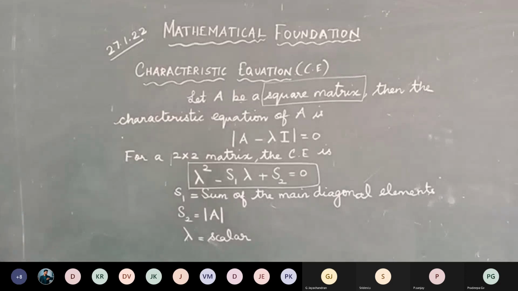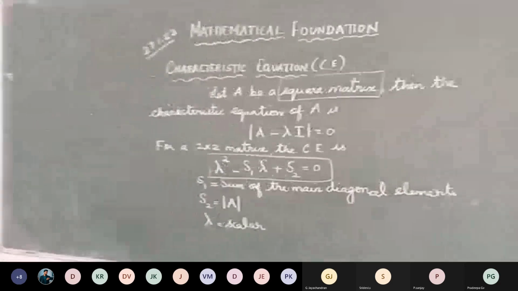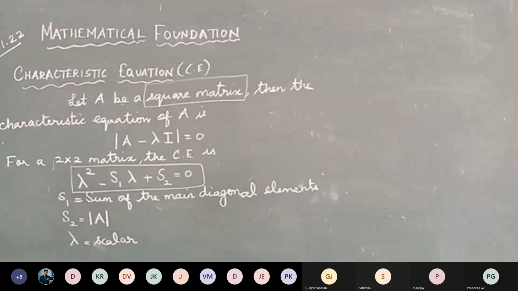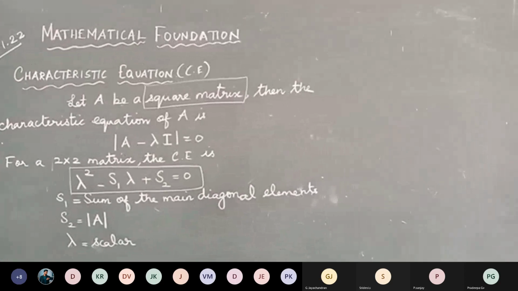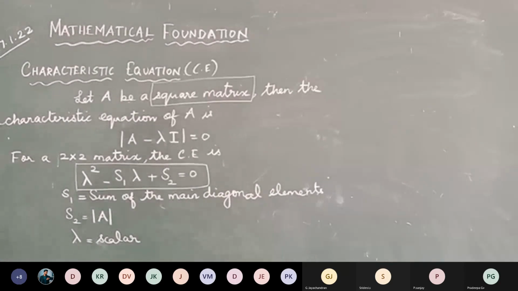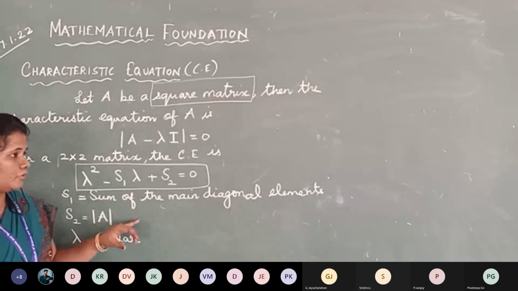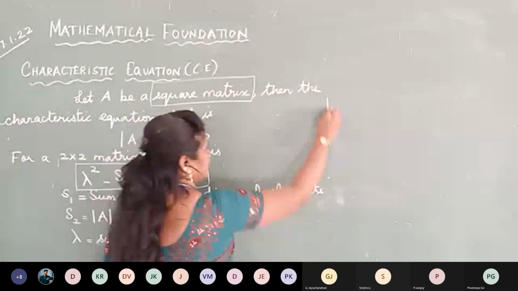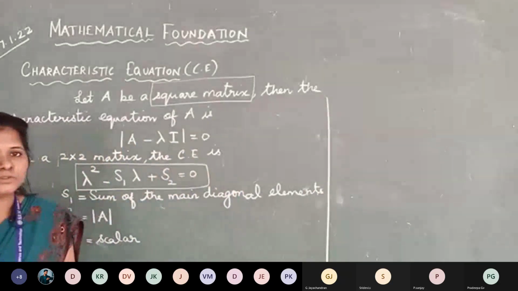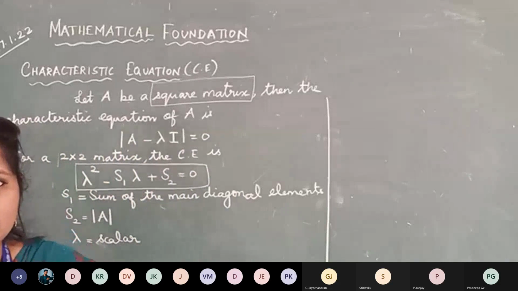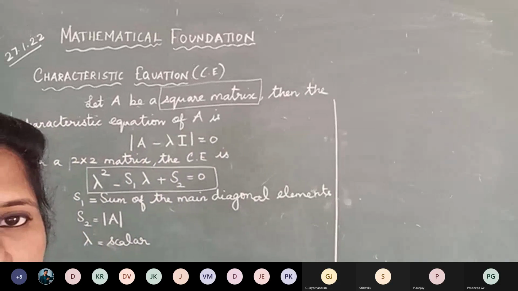Finish writing. So this will be for a 2 cross 2 matrix. Similarly, for a 3 cross 3 matrix, I will write it that side. You're able to see the board, isn't it?